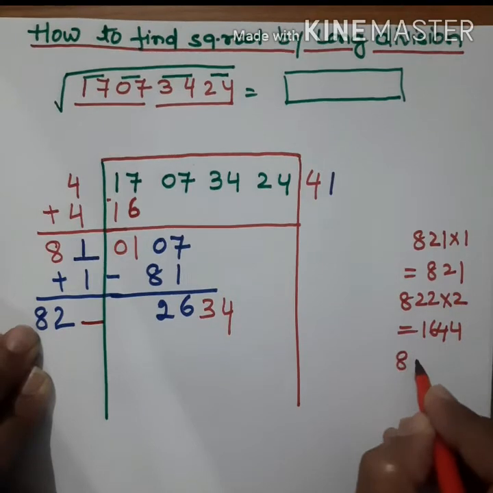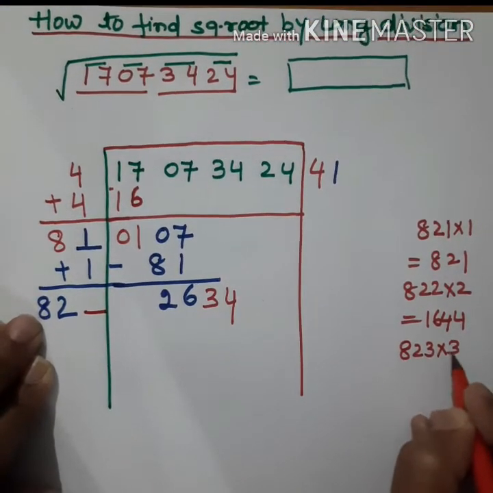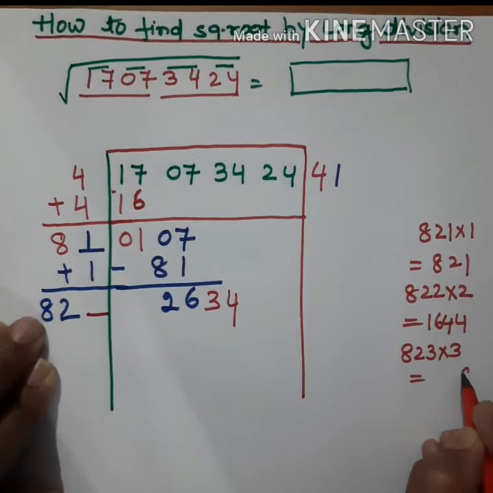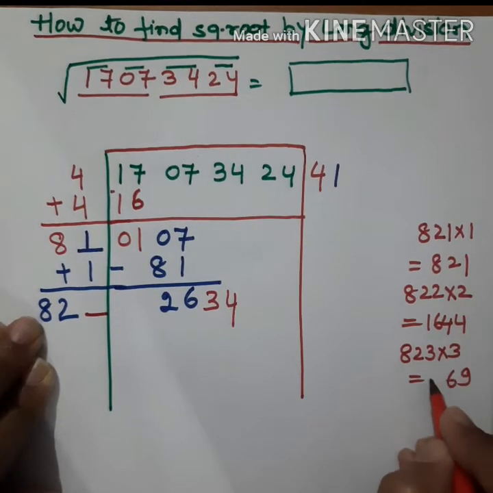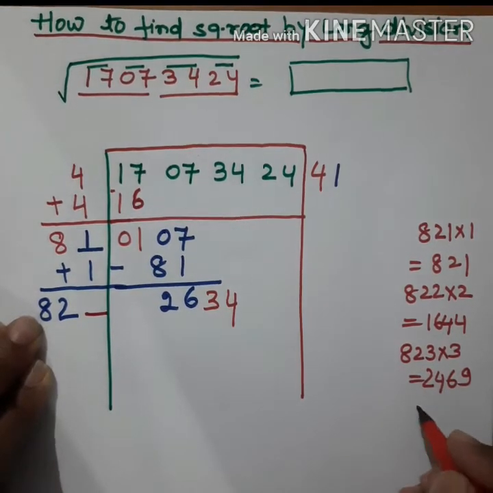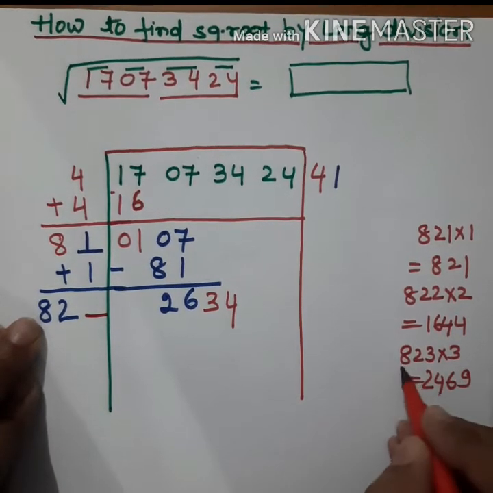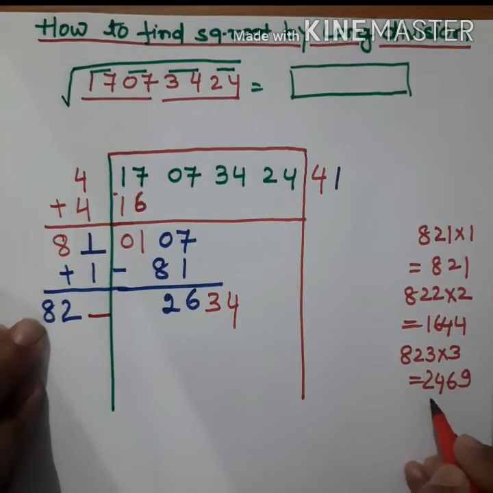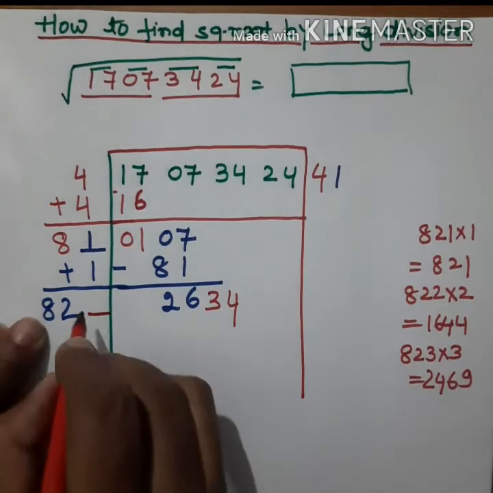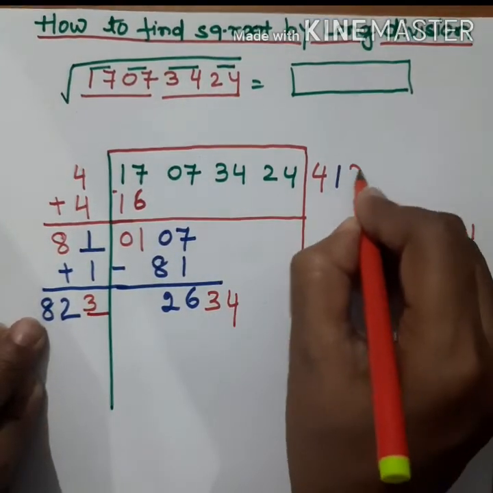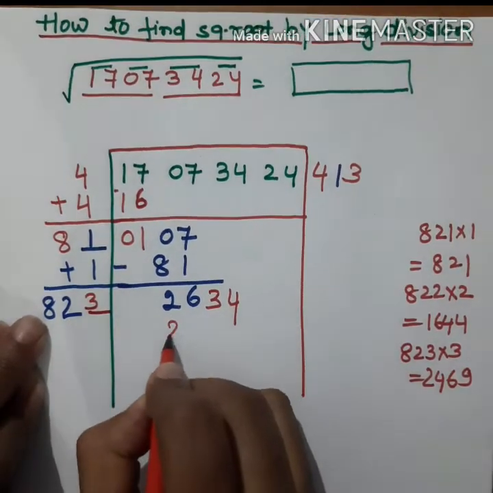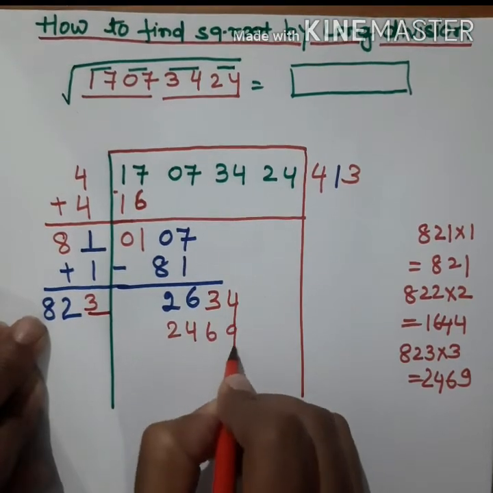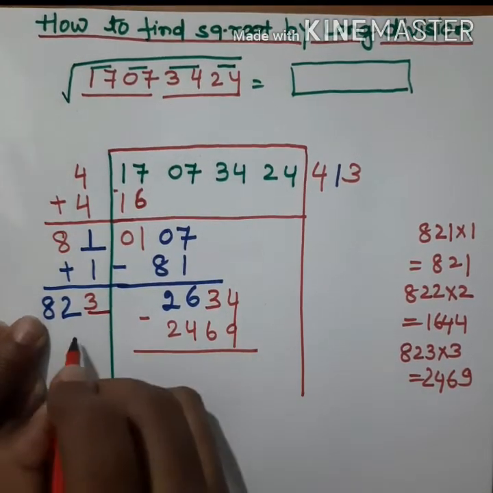And then 823 into 3 will be equal to 3 3s are 9, 3 2s are 6 and 3 8s are 24. Again if we go further, we will get 824 into 4, but it will not be suitable because 4 8s are 32. So 823 3s are, we are getting 2469.